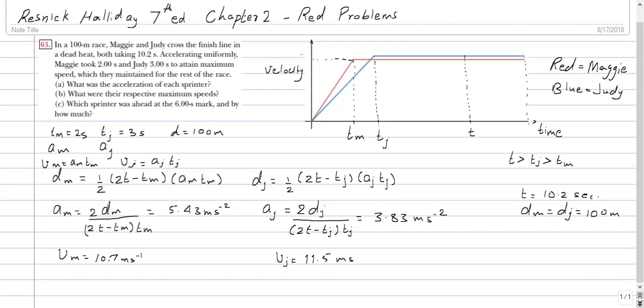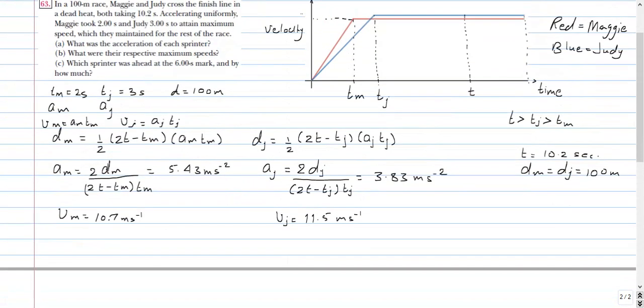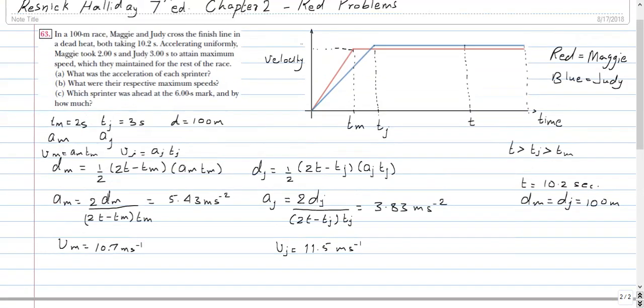And as for the final part of this question, which sprinter is ahead at the 6 second mark and by how much? All we have to do is simply find what dm and dj are at t equal to 6.